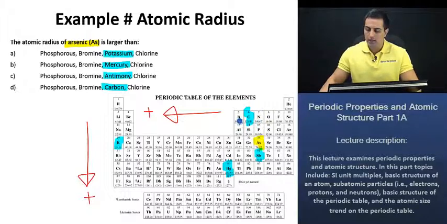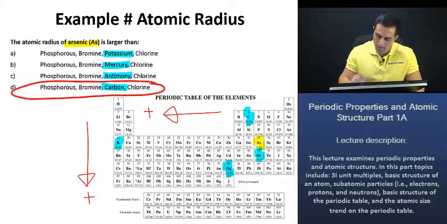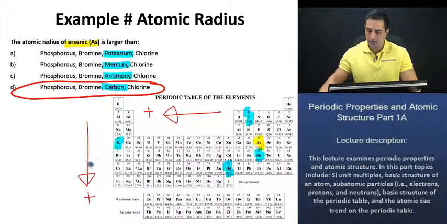Thus, we can confidently say that for the answer choices given to us, D will be the best choice, as our trends predict that arsenic has a larger atomic radius over carbon. Thus, D is our best answer. The atomic radius of arsenic is larger than phosphorus, bromine, carbon, and chlorine. Great, let's now move on to our next slide.